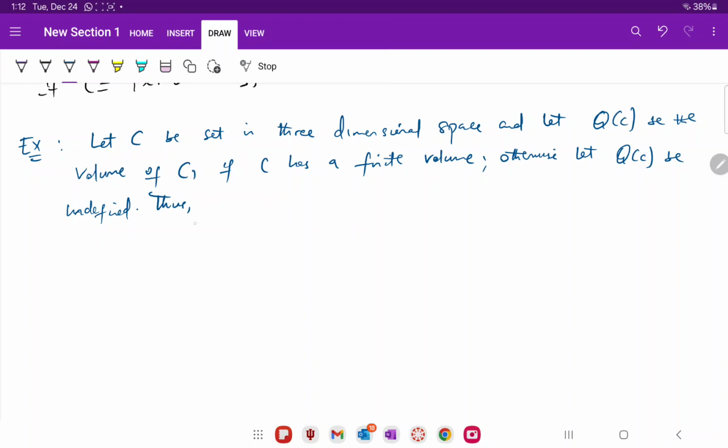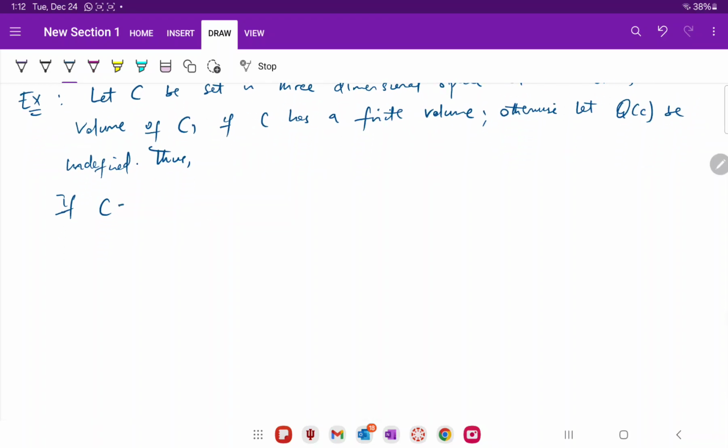Okay, so if C equals the set of x, y, z in three dimensions such that 0 is less than or equal to x less than or equal to 2, 0 is less than or equal to y less than or equal to 1, and 0 is less than or equal to z less than or equal to 3, then you can calculate the volume of this set.